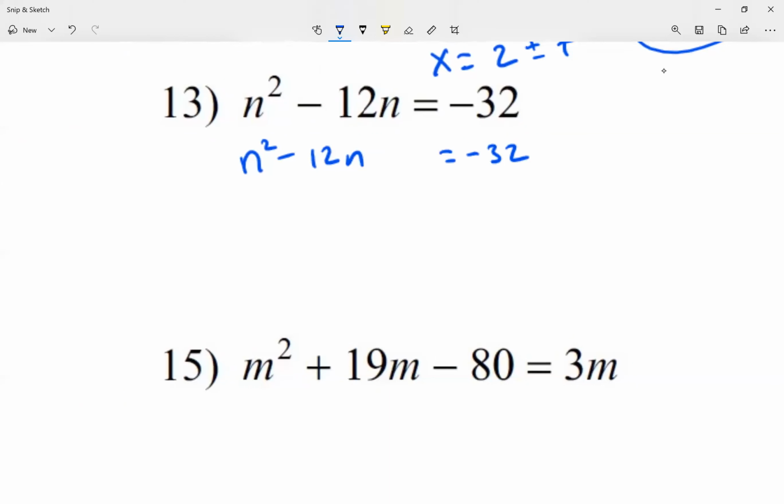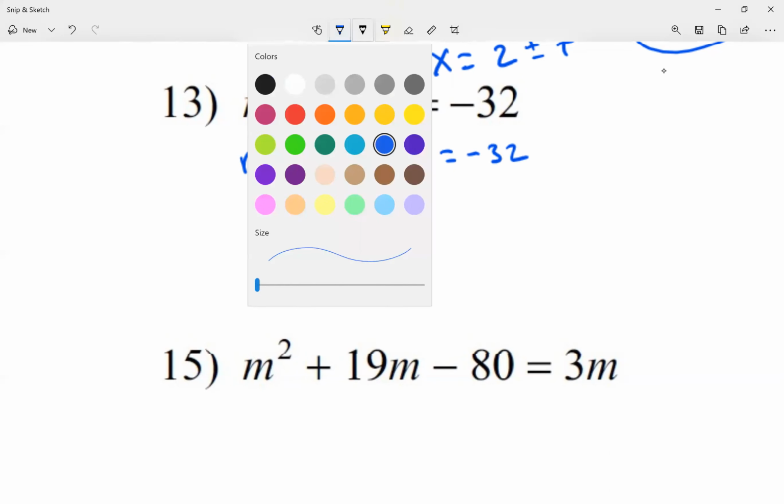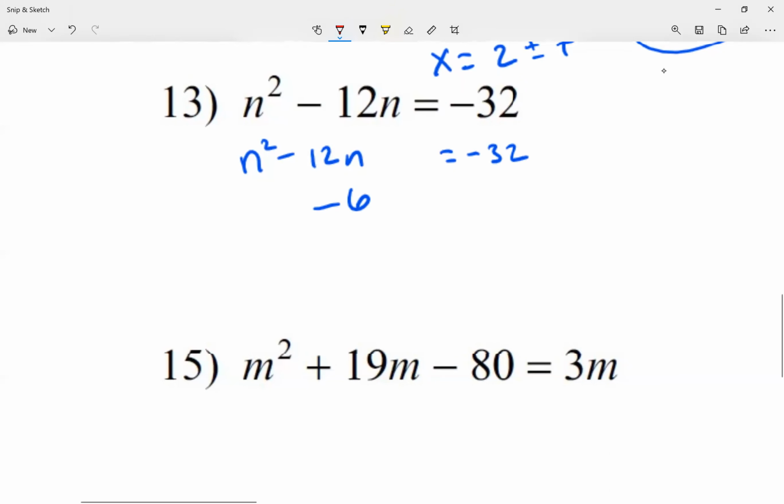Then my first number, the one in front of the n squared, should be a 1, which is good. Then I look at the -12. I look at the second term. And then I ask myself, well, the half of -12 is a -6. Then what's -6 squared? It's +36. So let me add 36 to each side.